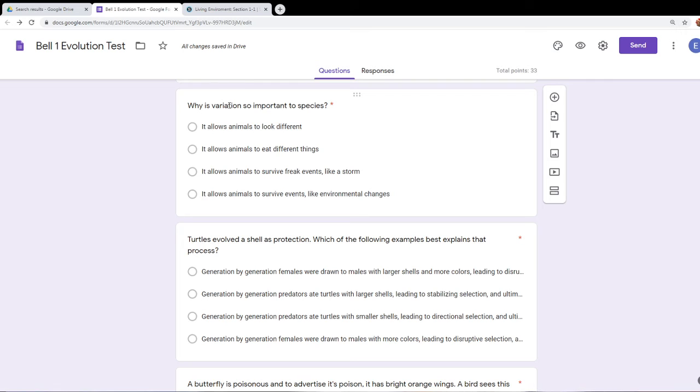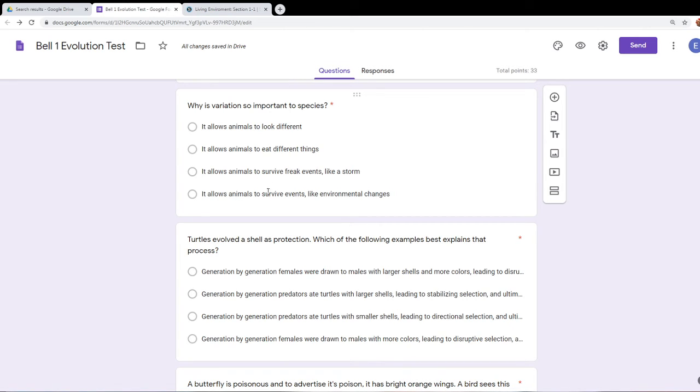Why is variation so important to species? Variation are those differences. Why is it important that in every population we have a lot of different animals with a lot of different traits? Is it so it allows them to look different? That it allows them to eat different things? That it allows animals to survive freak events like a storm, like a tornado or something?